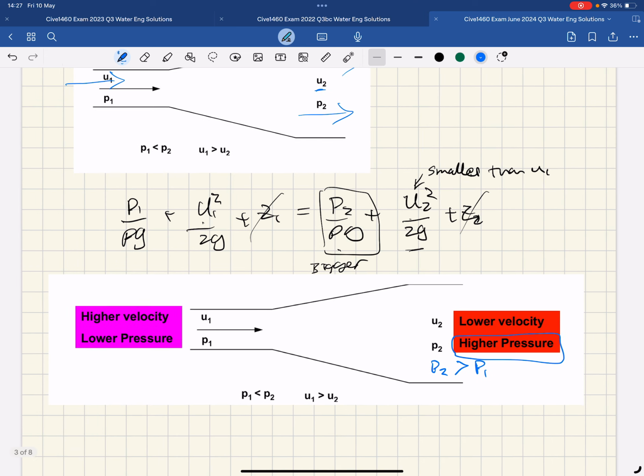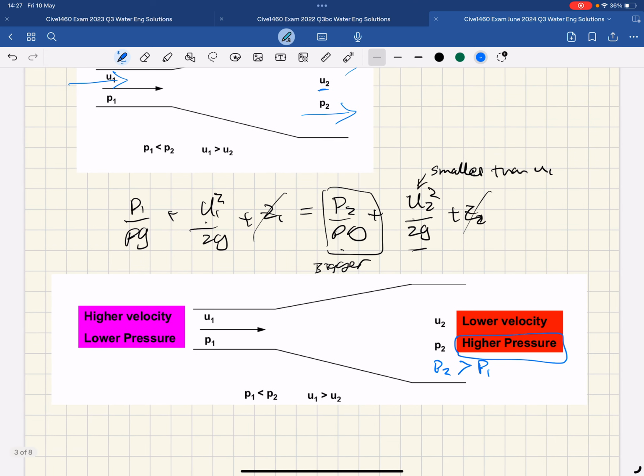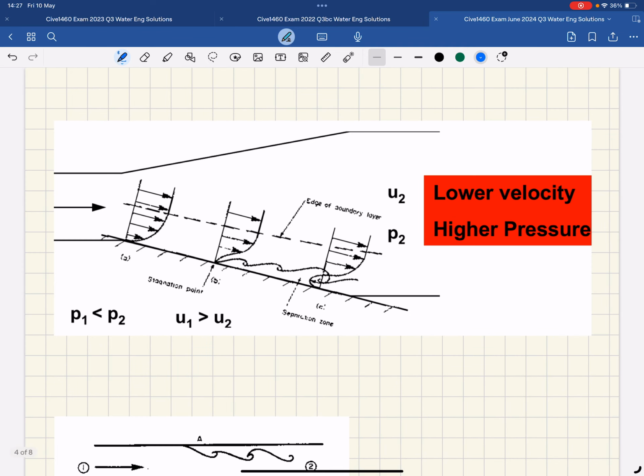So a summary of this situation is that we have high velocity, low pressure, and low velocity, higher pressure. So higher pressure here is potentially able to push back this way. A diagram where we might want to add velocity profiles: we have these velocity profiles as this flow is entering the divergent section.